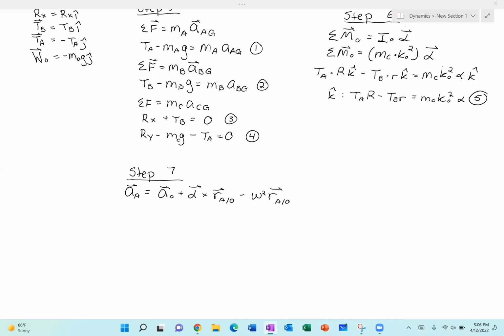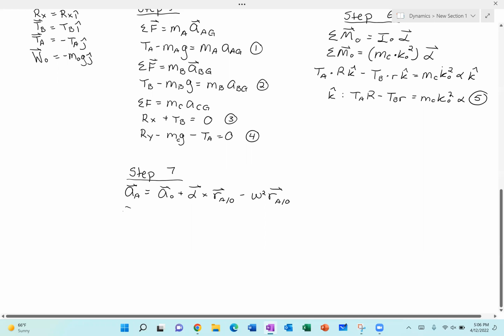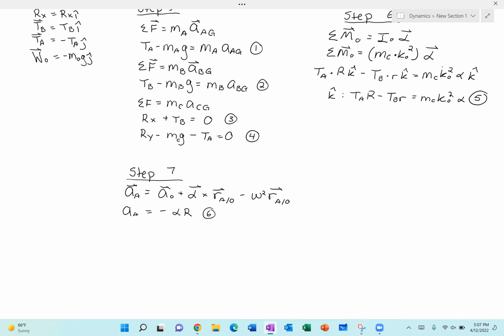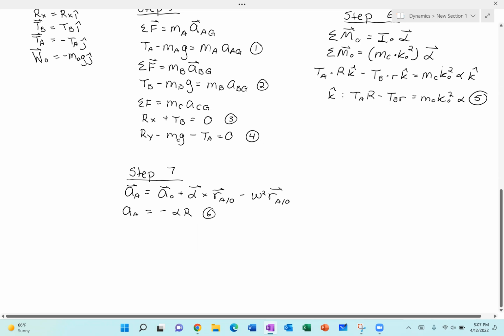And point A is going to be the point of contact between the rope attaching A and the outer radius of the disk. So the acceleration of that point will be equal to the acceleration of A itself. And then we can simplify that down to another scalar equation.